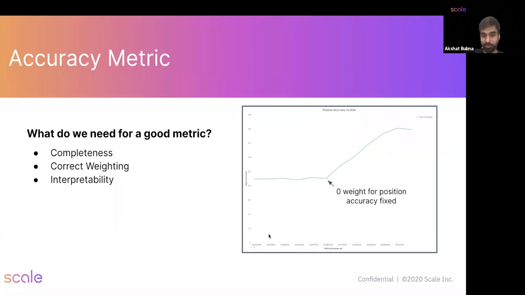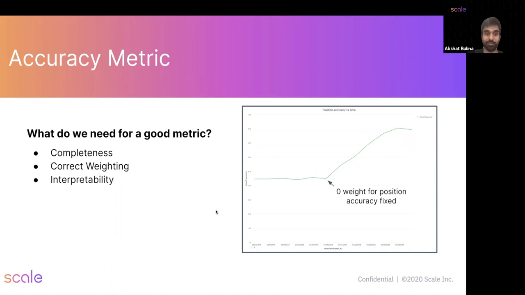For example, we once had a project that had low accuracy, in particular on positions. And then we realized that it was because of a misconfiguration where we had 0 weight for position itself. Once we fixed that in our accuracy metric, since the metric informs reward to taskers and so on, accuracy on that thing went up.